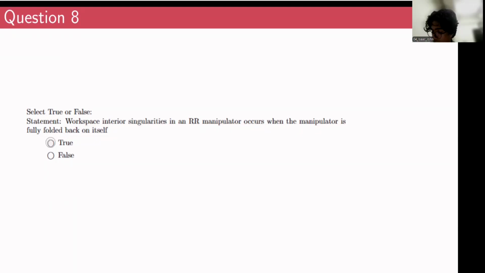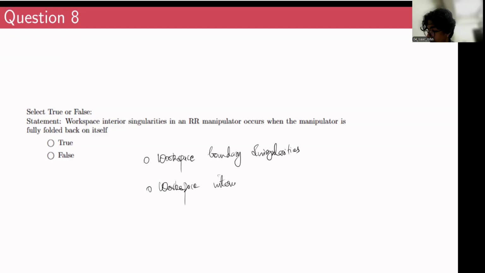Because in the previous slide, during the summary, we have seen two cases: workspace boundary singularities, and another case, workspace interior singularities.